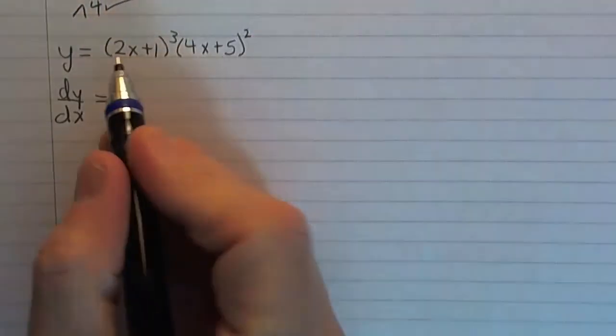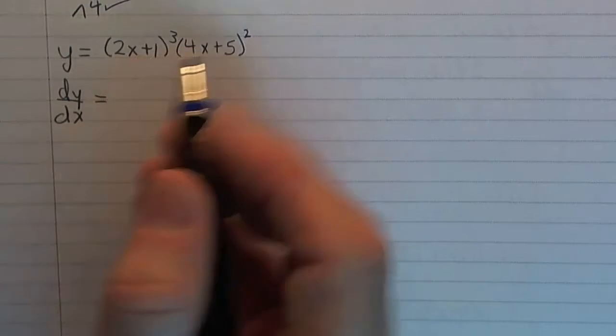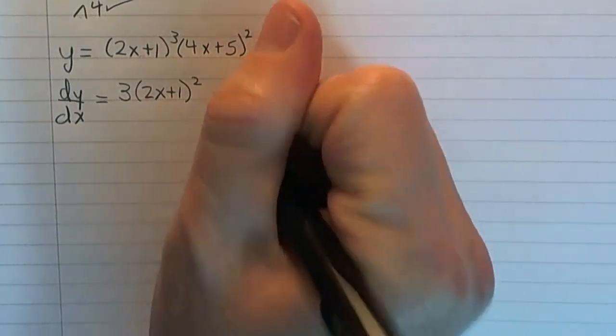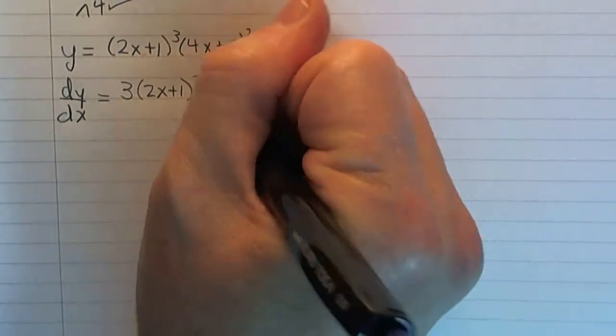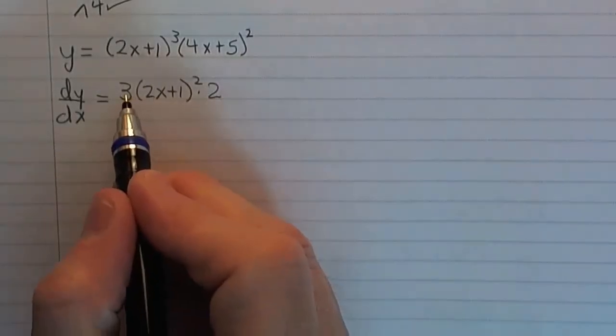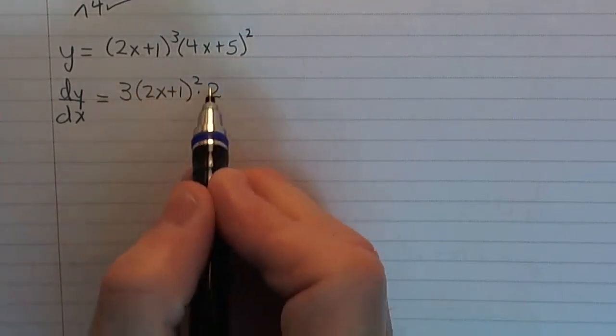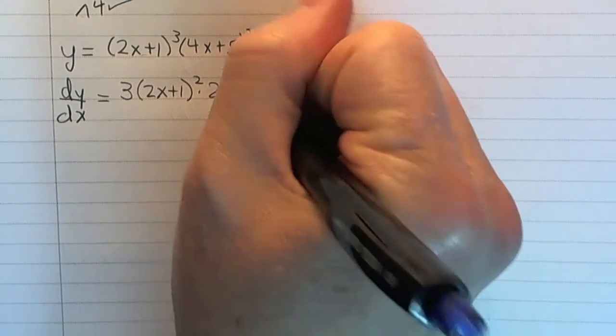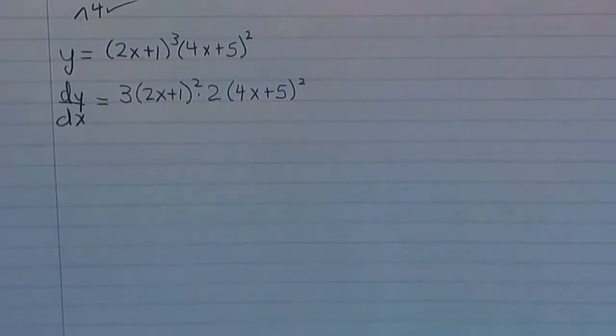We've got dy/dx. Okay, so I'm going to take the derivative of the first. Well, that requires the chain rule. Times 2. See? That's the derivative of the first right there. Times the second. Okay, that's the derivative of the first times the second.